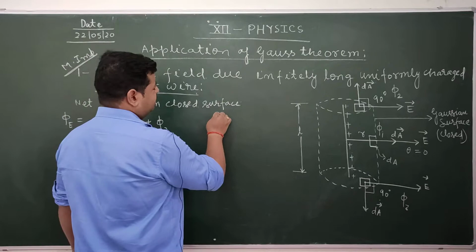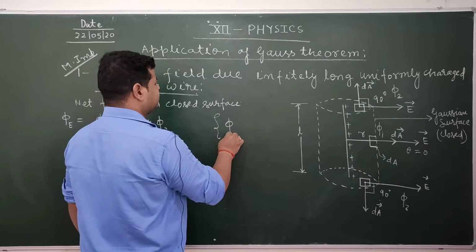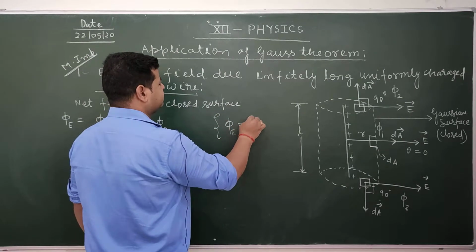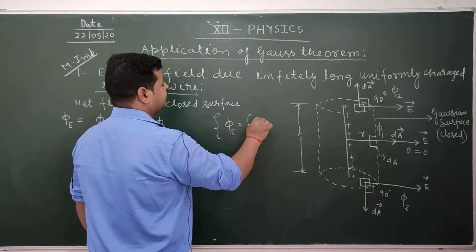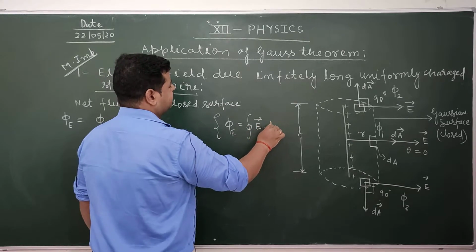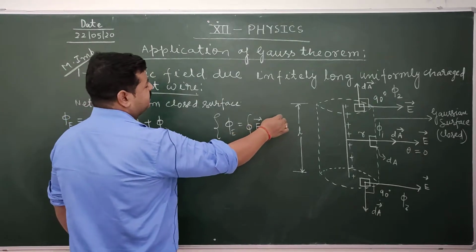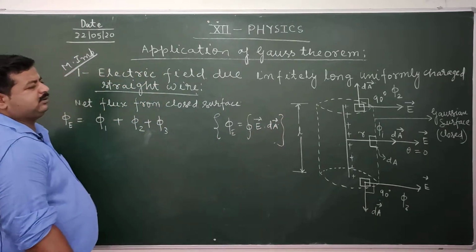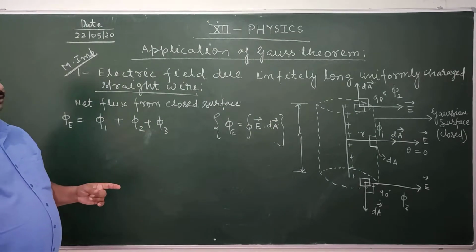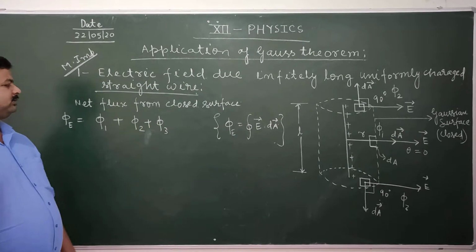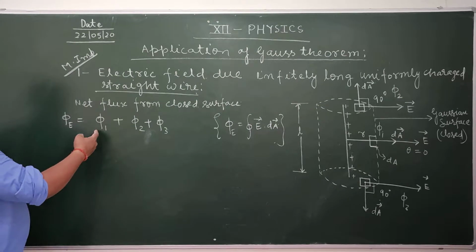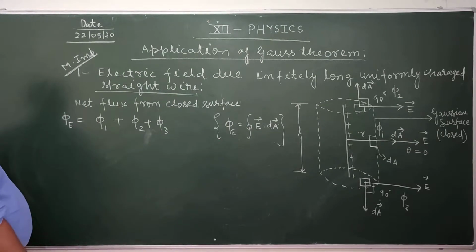We already studied the expression of the electric flux, that is closed integral of E dot dA. With the help of this formula we calculate the electric flux on the three segments, one is the curved and two is the circular. So here we put the values of phi 1, phi 2 and phi 3 from the diagram.